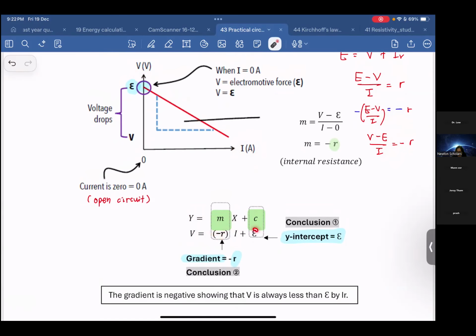We rearrange. At the end, we find out that the y-intercept is EMF, and the gradient represents the internal resistance. That's all. Only two things you have to know from the graph. Y-intercept, EMF. Gradient, internal resistance. Okay, until here, is that clear?